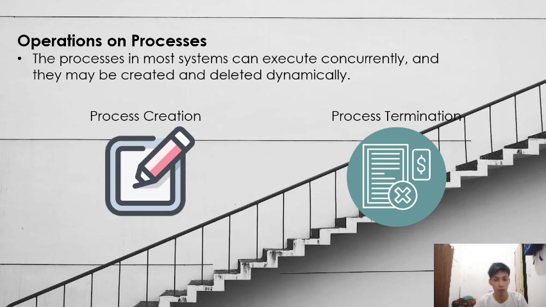So here we go to process termination. One example of this, like I said earlier, is when a user opens a web browser and explores or visits any website. The user then decides to close the web browser. They need to click the X button in the top right corner of the window or use a keyboard shortcut to close the application.